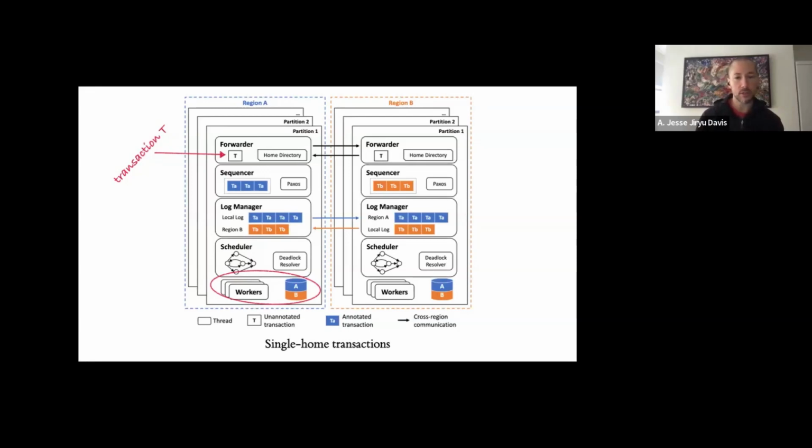So the scheduler just dispatches them to workers in a straightforward way. Whenever all of a transaction's dependencies have finished, then this transaction can run next. There can also be single home transactions, meaning that they're in one region, but they are running on multiple partitions. So there are still distributed transactions, but the Detock paper doesn't think that these are interesting.